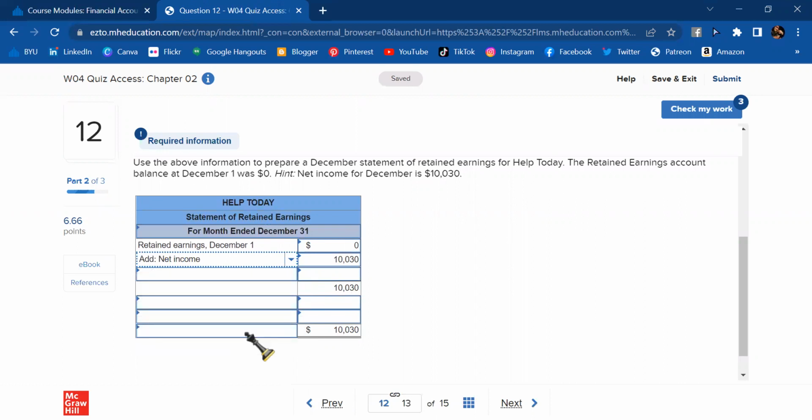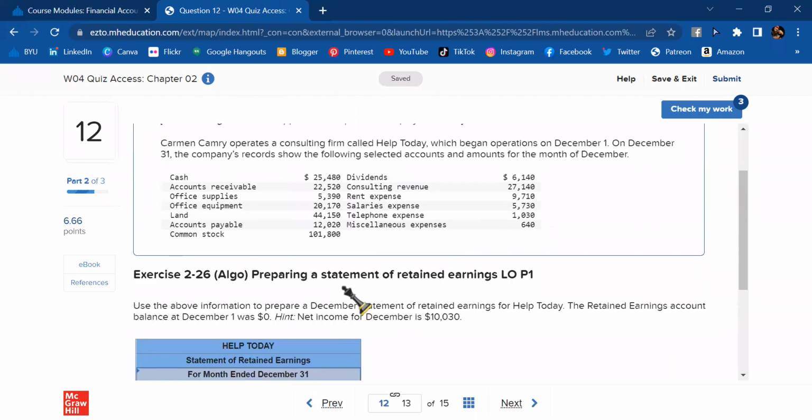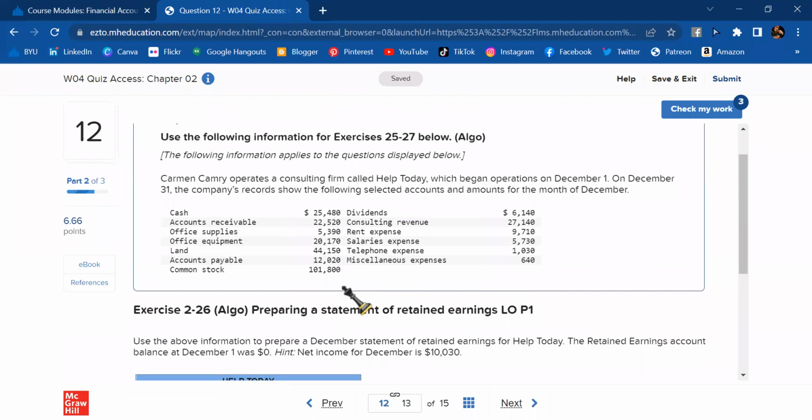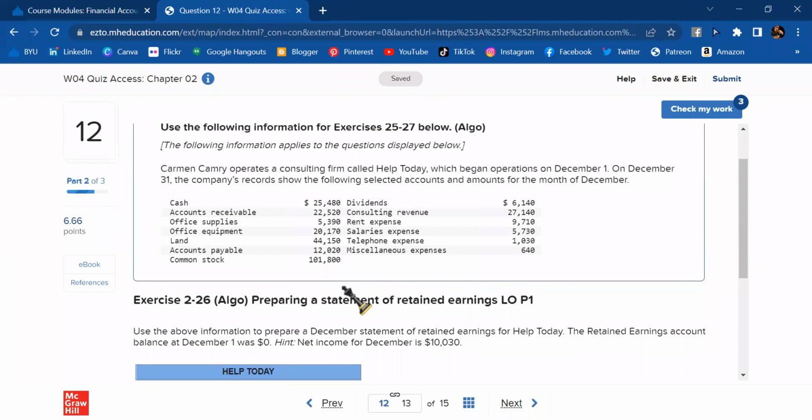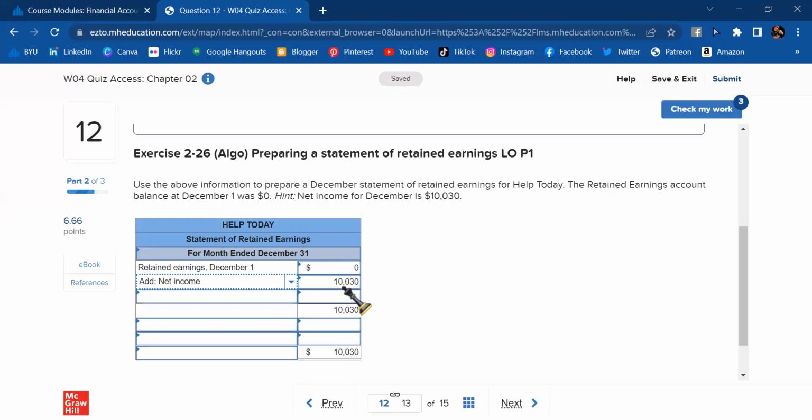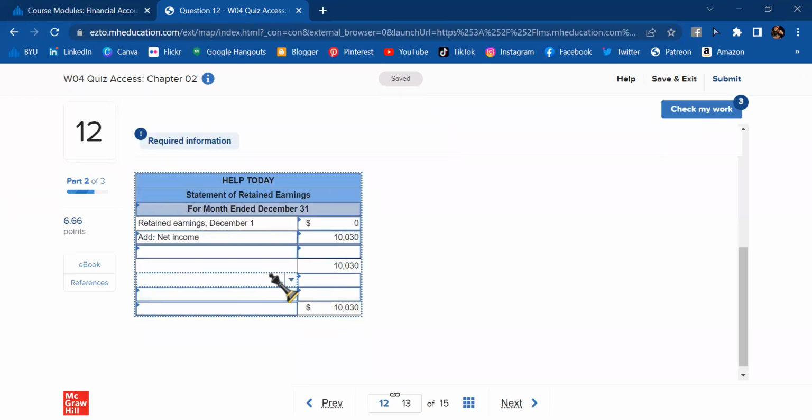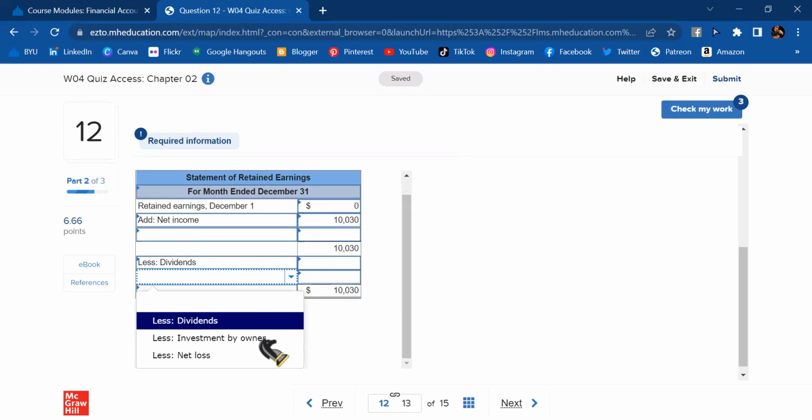And then we're going to want less dividends, and retained earnings.